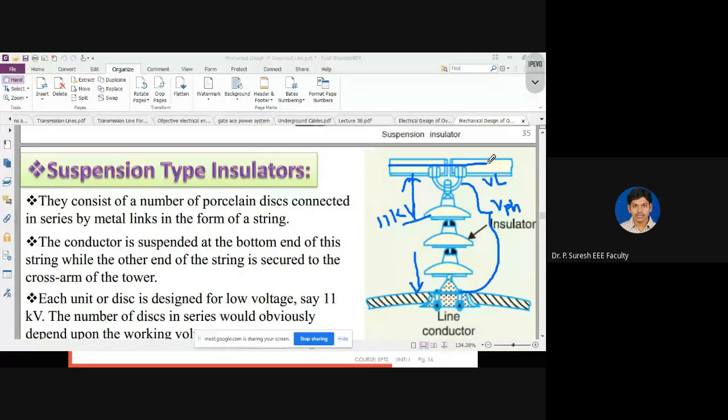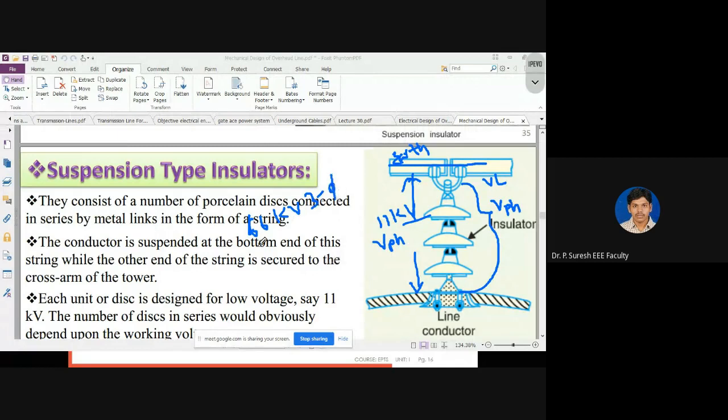This tower cross arm acts as earth, and earth to line is phase voltage or line voltage? It is phase voltage. Suppose in a problem they mention a 66 kV transmission line, three-phase system.